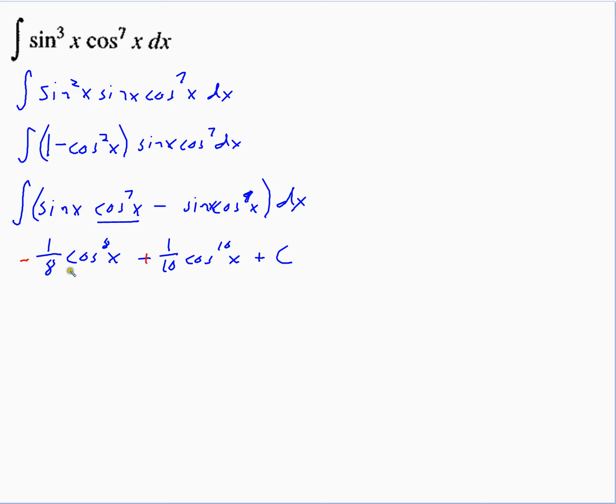So derivative of cosine to the 8th, the 8 would come out front, so this is cosine to the 7th x. And then the derivative of cosine is negative sine, and so there's that negative I was talking about. And it looks like the same thing will work out over here. We have cosine to the 9th x times the derivative of cosine, which is negative sine.